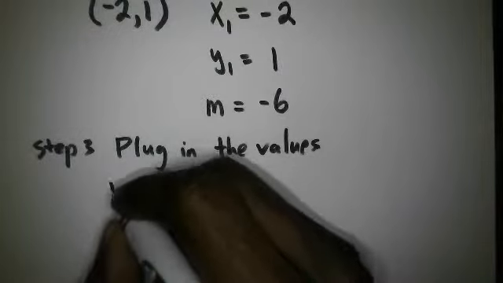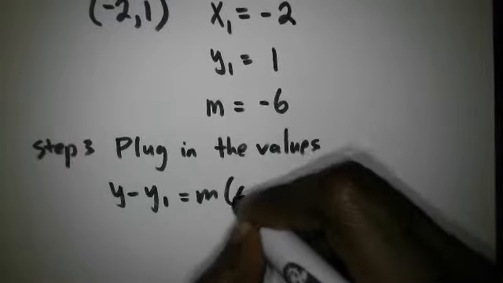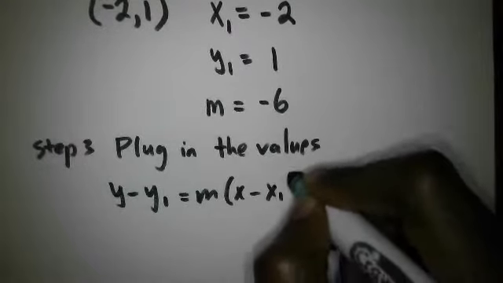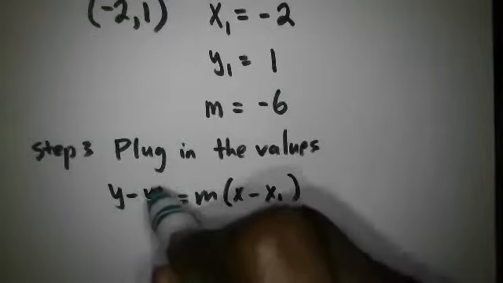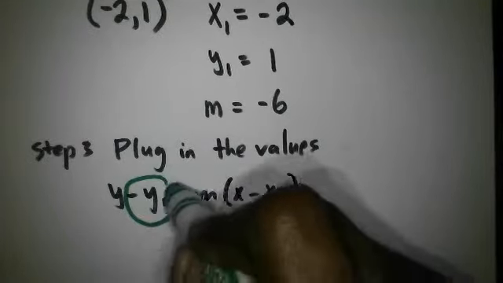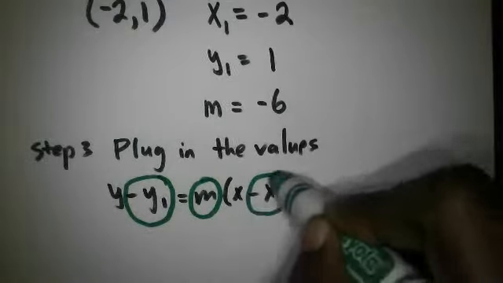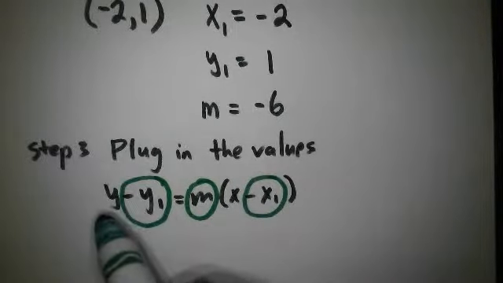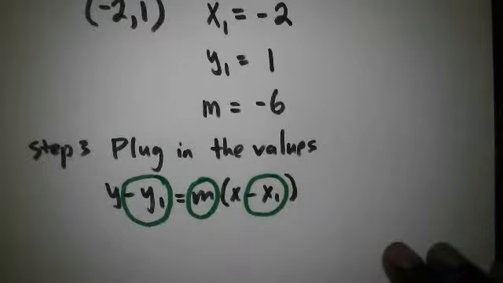So this is the equation, once again written down, and we're going to plug in the values. We're plugging into this value and this value. So the y here we're not touching, and the x that's here we're not touching at all. So let's go ahead and plug in the values.